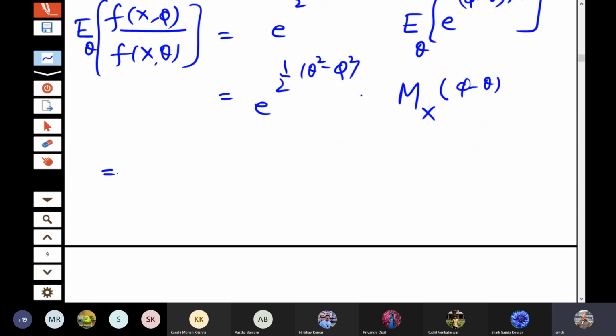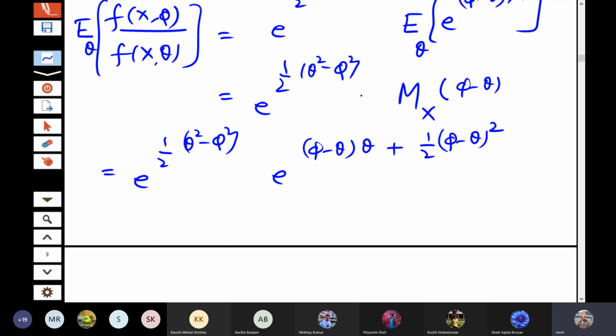So this is simply equal to e to the power half (theta square minus phi square) e to the power t theta, that is (phi minus theta) into theta, plus half sigma square t square, that is (phi minus theta) square into 1. You can simplify further, but let me not do it at this stage. I will do it in the next step.